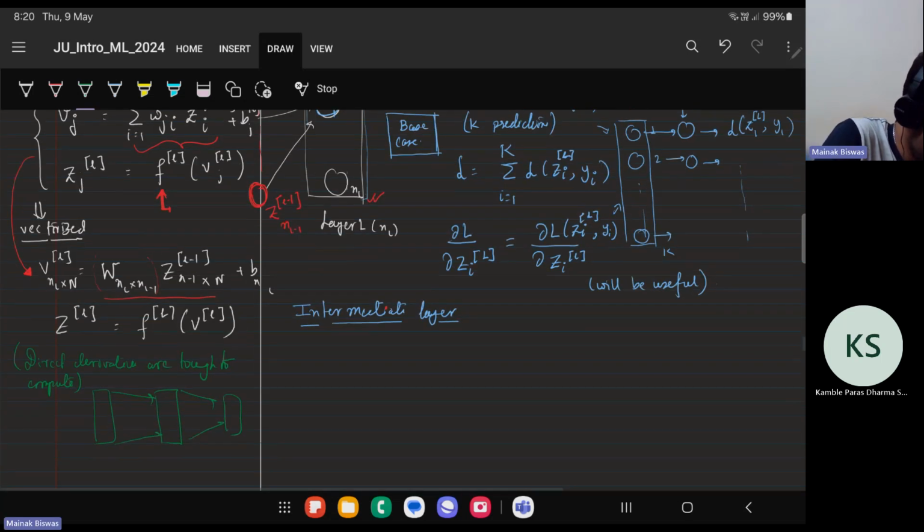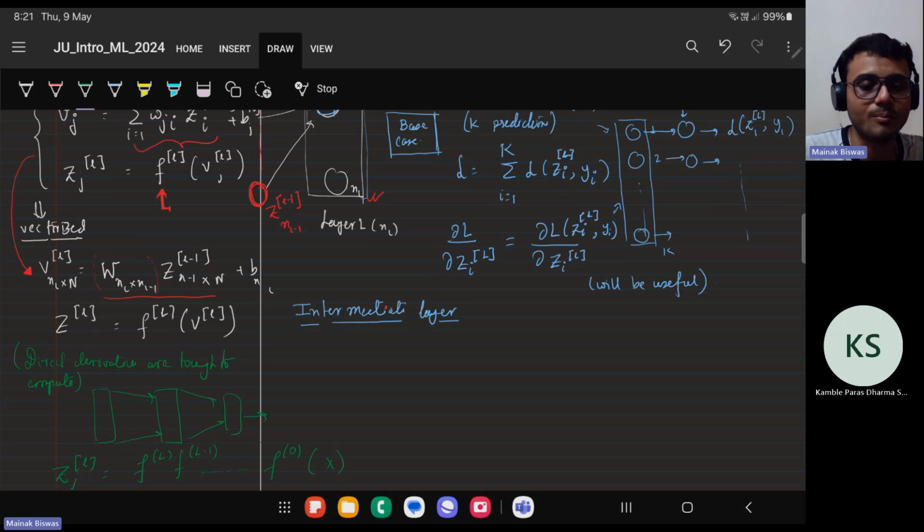Your output z_j of L is a function of f_L, f_{L-1}, all the way to f_0 of the features. So you have very complex functions.